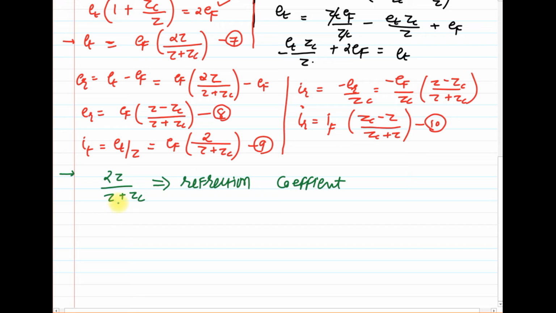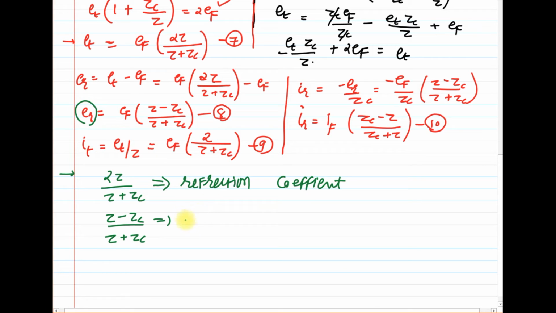for the traveling wave which travels on a transmission line having the surge impedance of ZC, and the line is terminated through the impedance Z. Same way, from equation number 8, we can write the coefficient Z minus ZC divided by Z plus ZC for the reflected voltage wave.